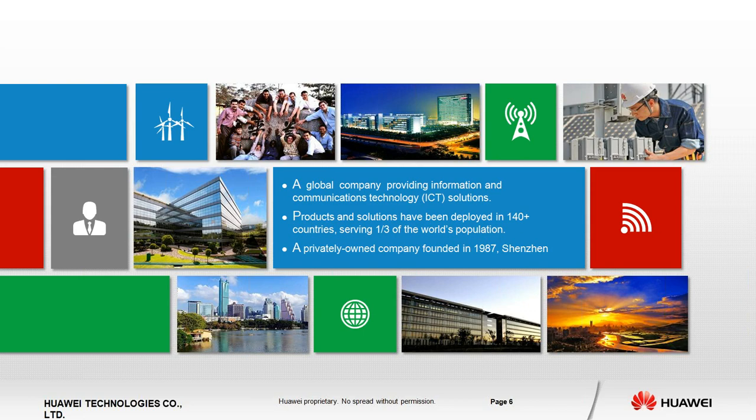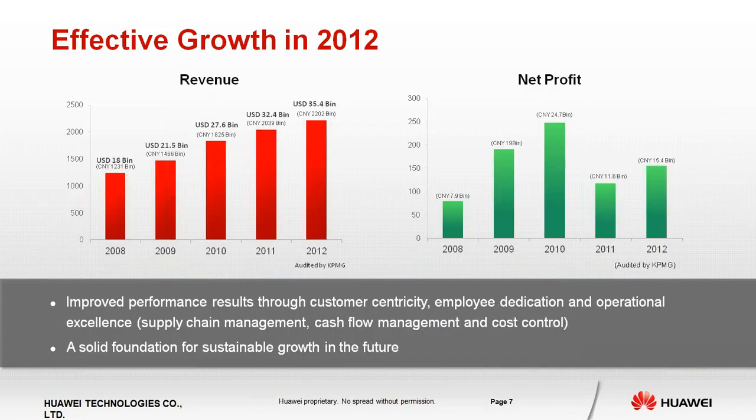As you can see in the next slide, that shows you the revenues for Huawei. At the end of last year, we were at almost $35.4 billion. Our net profit was just over $2 billion.